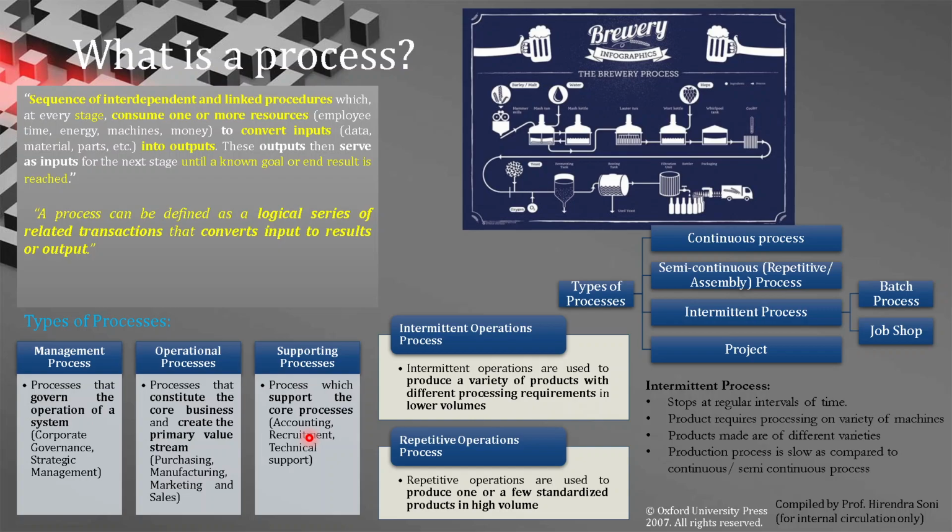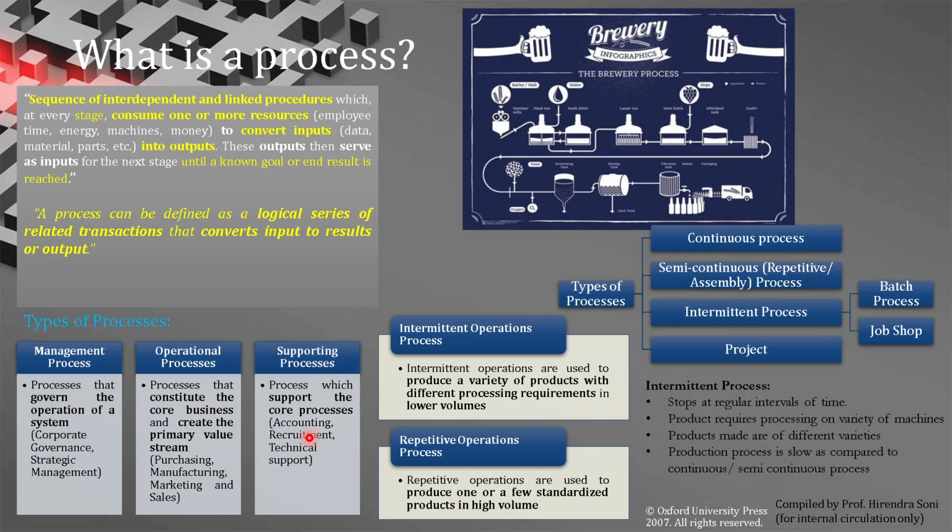Processes can be broadly categorized into continuous process, semi-continuous, intermittent, as well as project. Now, when we talk about intermittent, it further gets classified under two. One is a batch process, the other is a job shop.